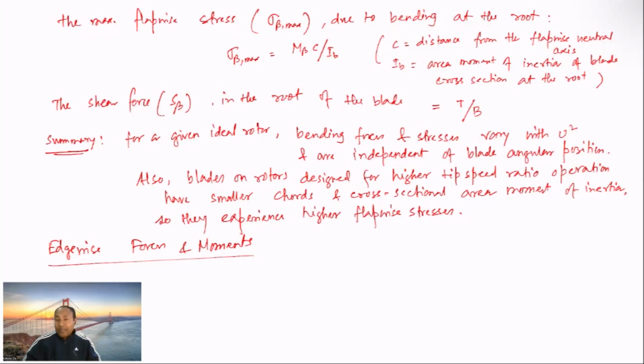In terms of blade strength, aerodynamic edgewise moments are generally of less significance than their flapwise counterparts. So mostly the flapwise forces, stresses and moments that are created are quite predominant compared to the edgewise motion.